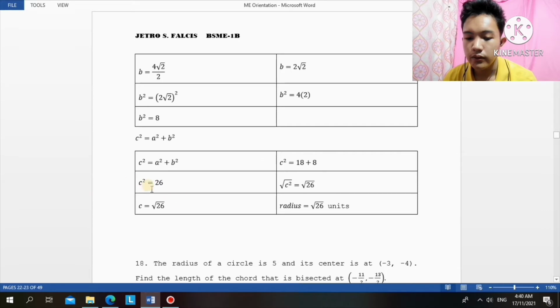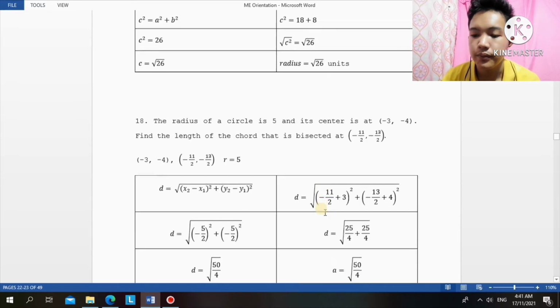So to get C, take the square root of both sides. So the square root of C squared is equals to the square root of 26. So C is equals to the square root of 26. So our radius is equals to square root of 26 units.